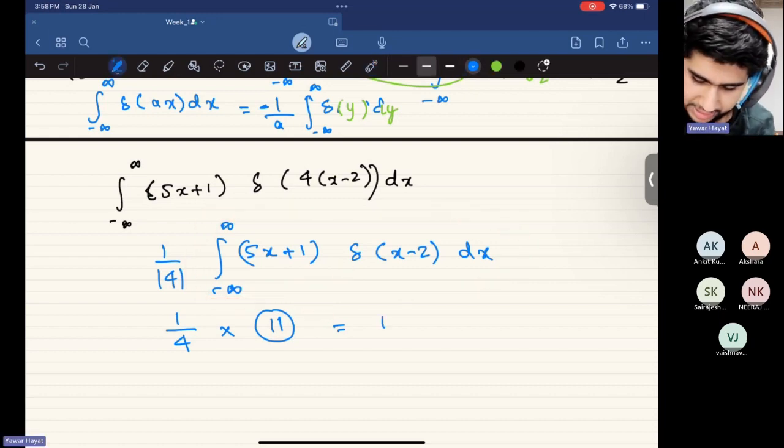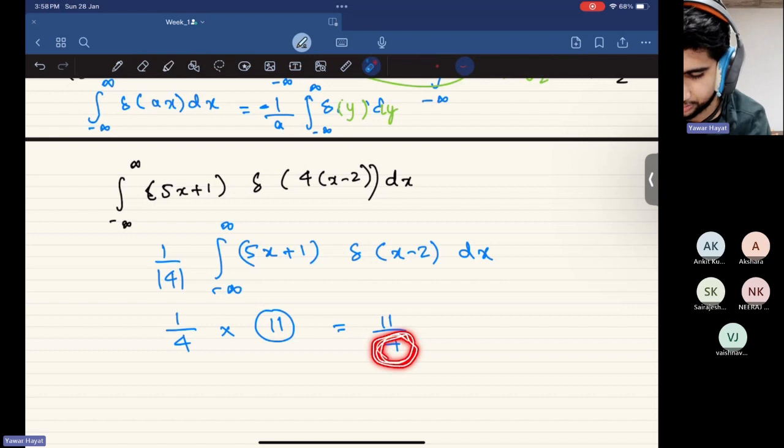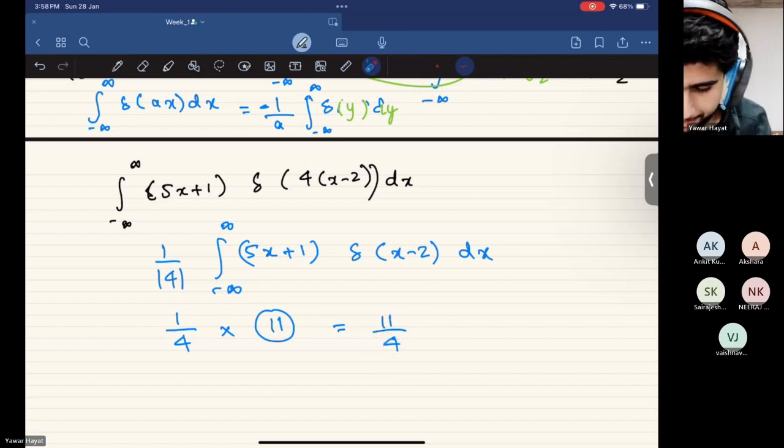So our answer is 11 by 4. I guess some of you were missing out this factor. Is this clear? Especially Ankit and Neeraj.